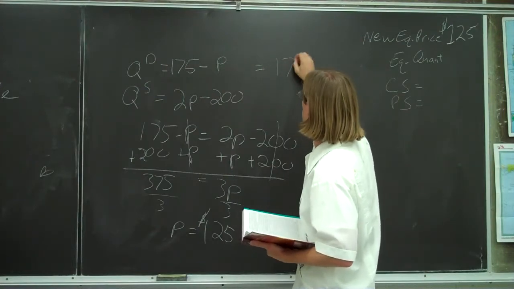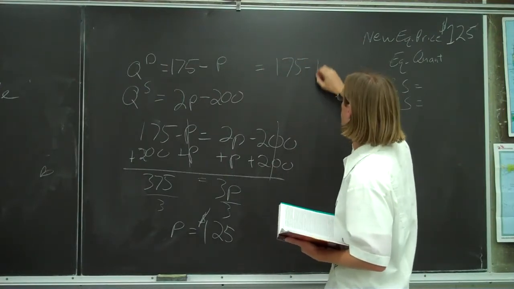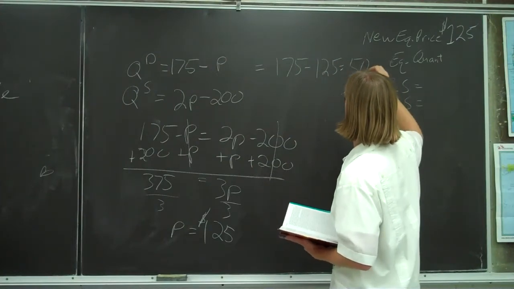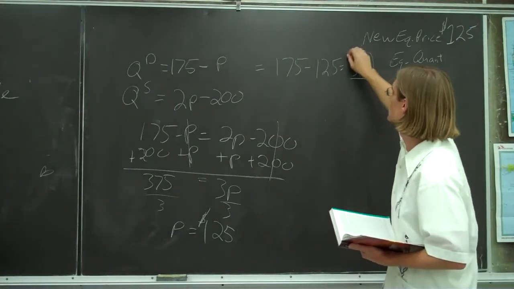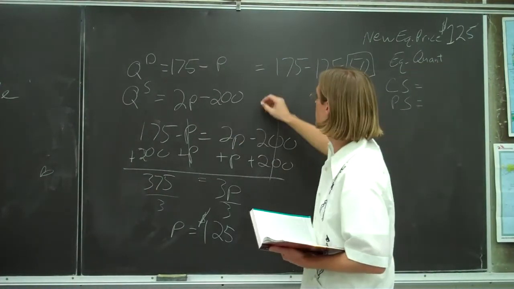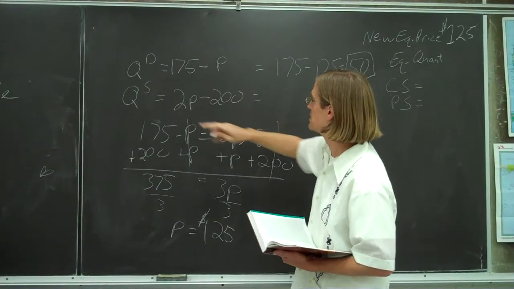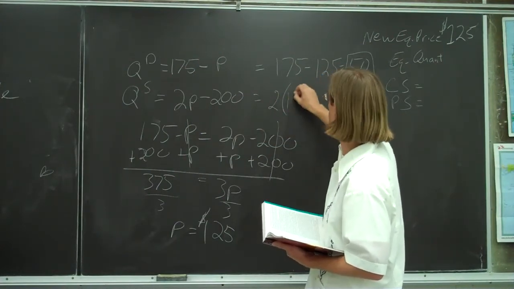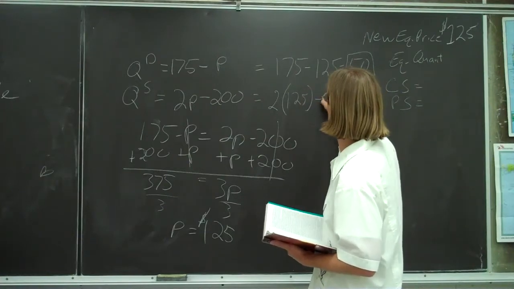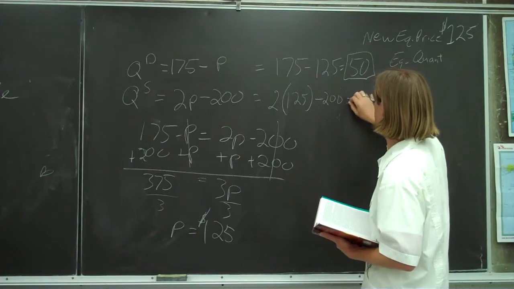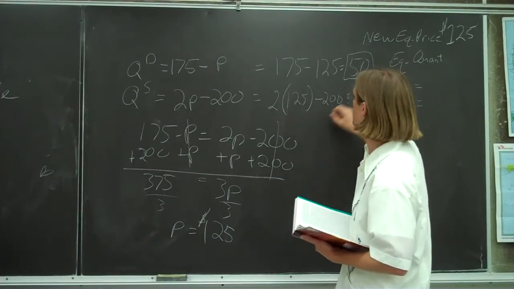we've got 175 minus 125 should give us 50 units. And so that's the quantity demanded. And then again, here, if we plug the price into the supply equation, 2 times 125 minus 200 should equal 50.